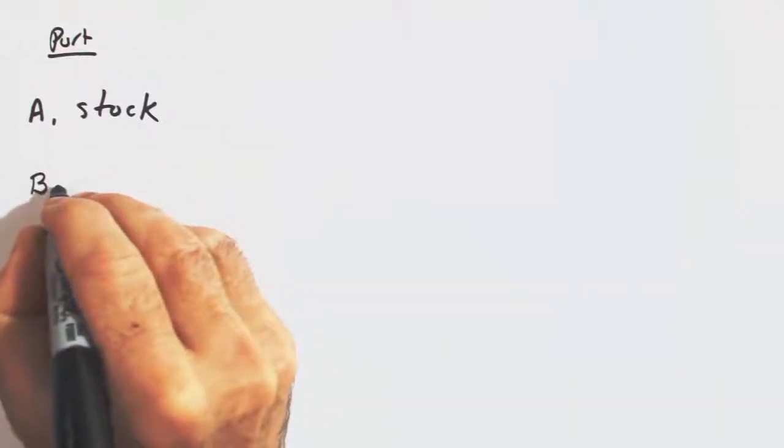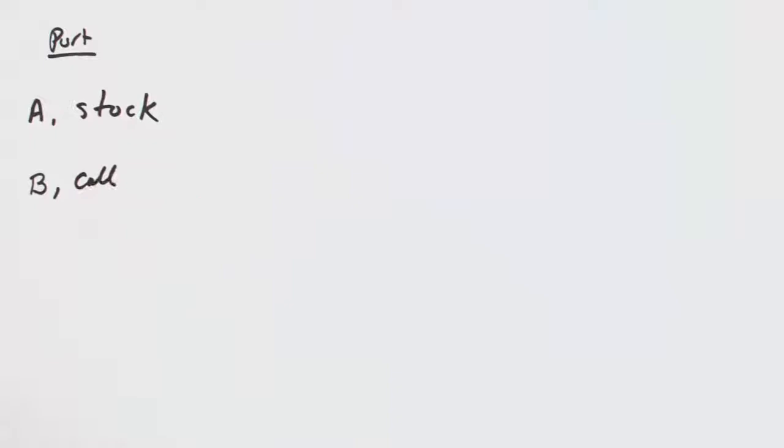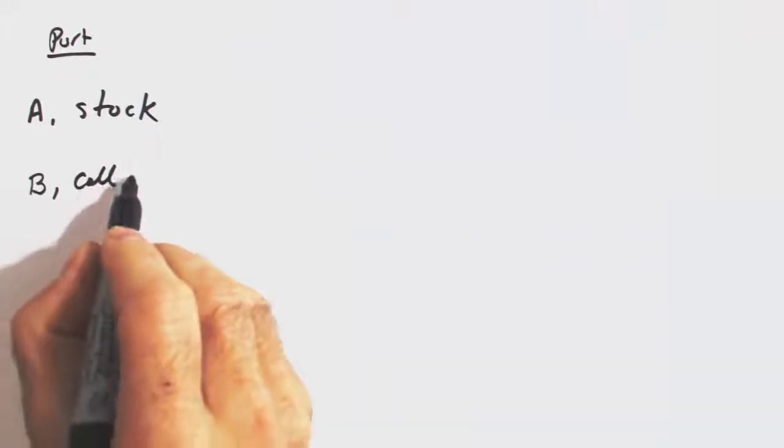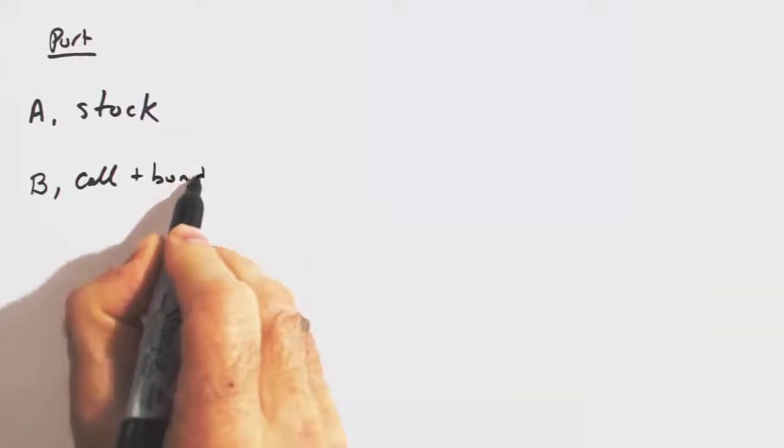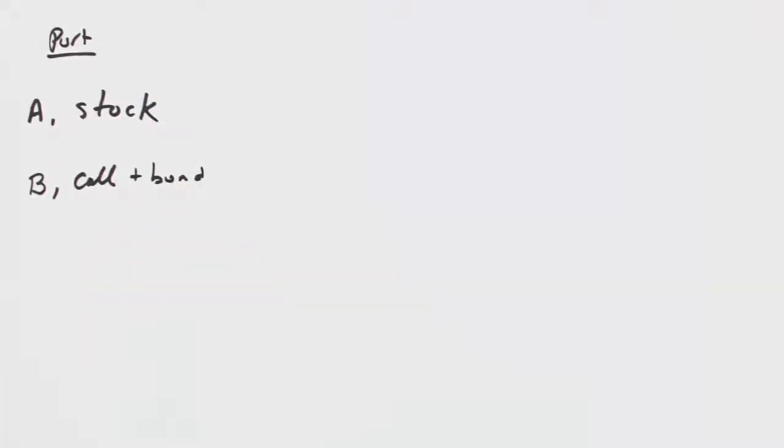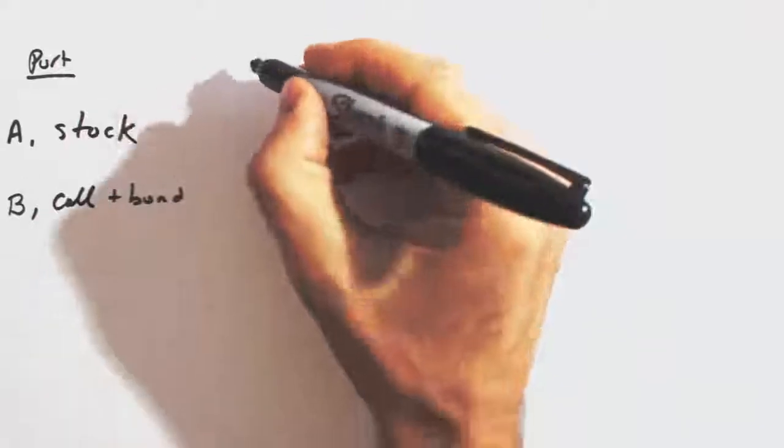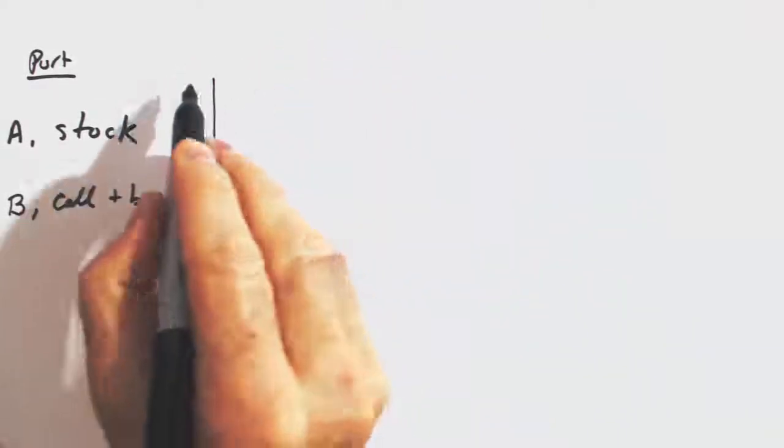Portfolio B is a call option that we hold, a European call, plus a bond. Now we want to compare and contrast the current value with the expiration value, and that's what we're doing with this table that I'm about to build. So let me build this table out.